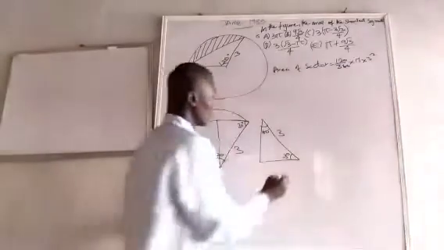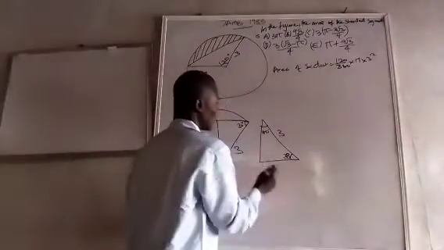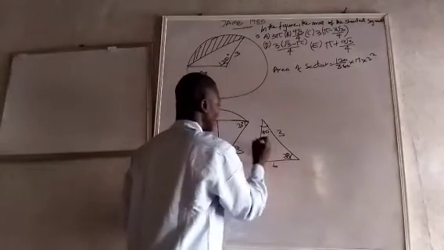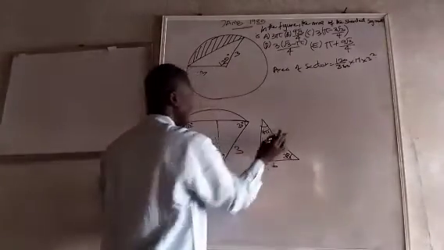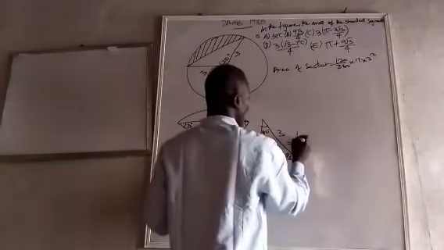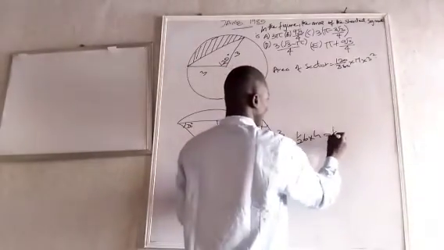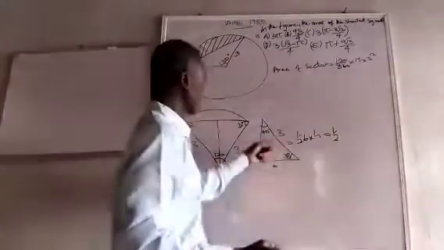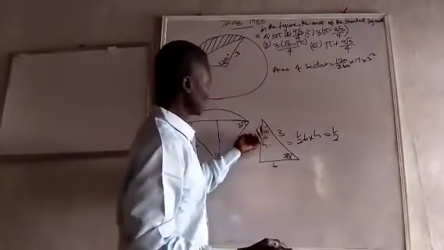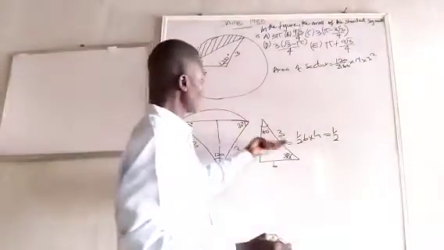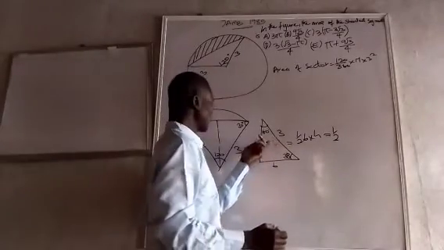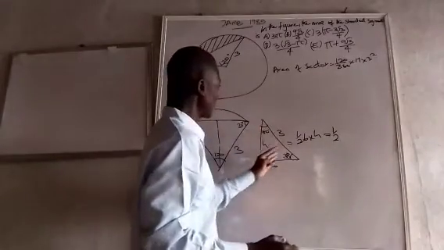So, we are going to have this as base and this place as height. So, the area of this one is going to be half base times height. What is our base? Our base is 3 sine 60. Our height is 3 sine 30.